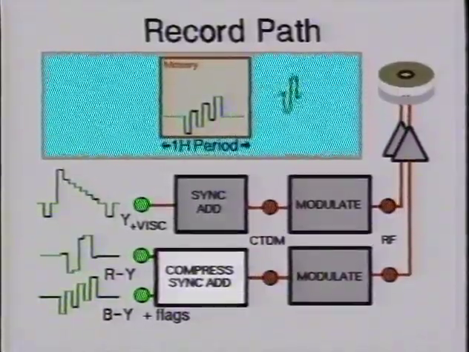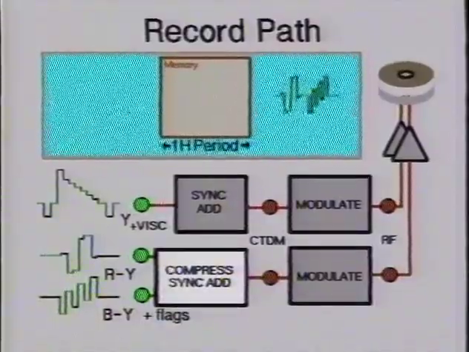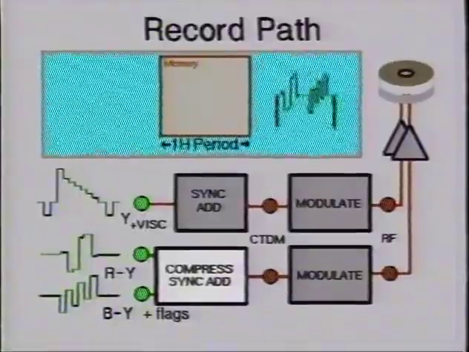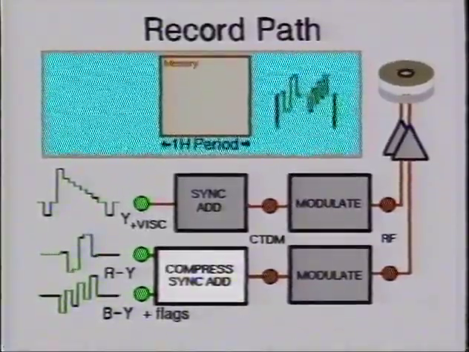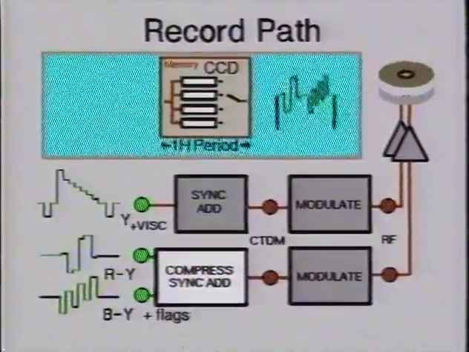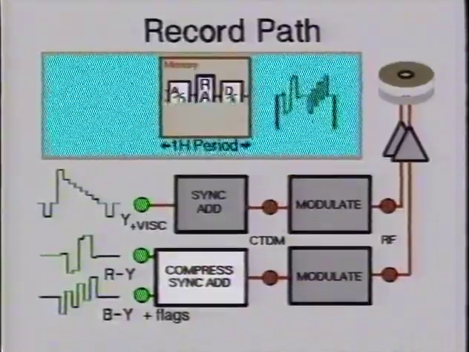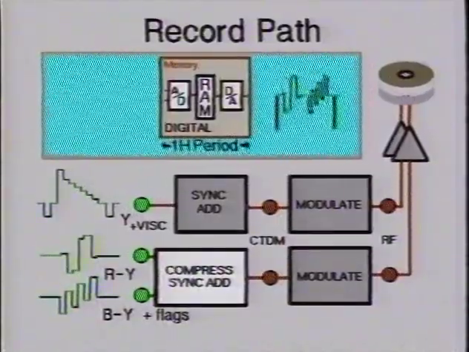The R-Y being first. Finally, Betacam style syncs are added to the signals. There are two compression systems in use, one using CCD delay lines, and the other a process of analog to digital conversion, coupled to a digital memory and conversion back to analog.